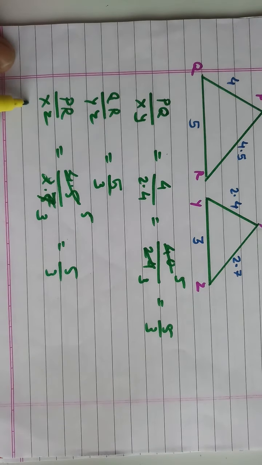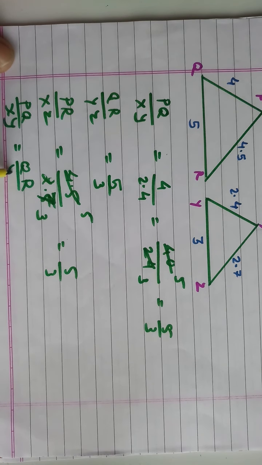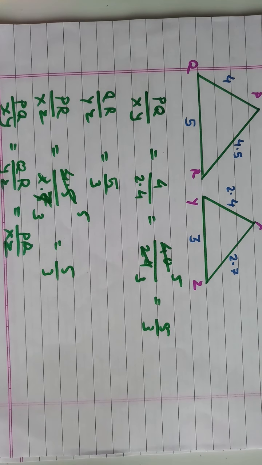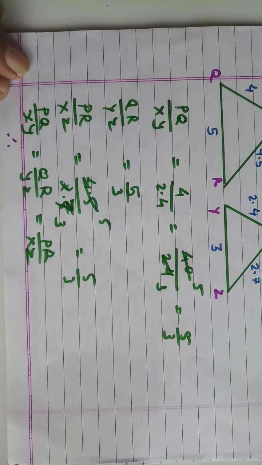So here PQ upon XY is equal to QR upon YZ is equal to PR upon XZ. That means the ratios of all the corresponding sides are equal, that means they are in proportion. Corresponding sides are in proportion, therefore these two triangles are similar.